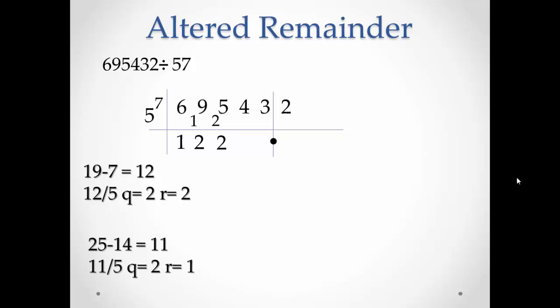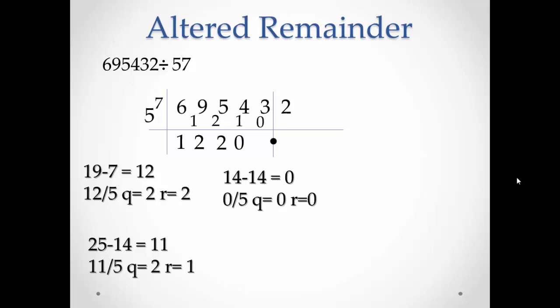So 2 and 1 make 14. 14 minus 14 comes out to be 0, and 0 by 5 gives quotient 0 and remainder 0. Then comes 3 minus 7 times 0, which is 0.